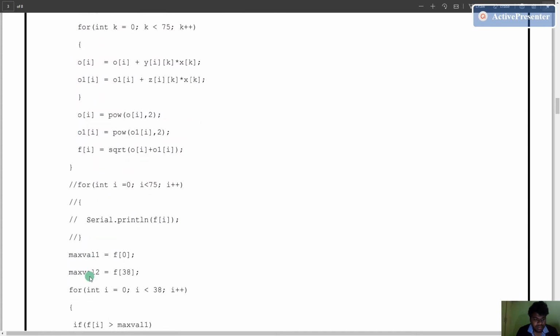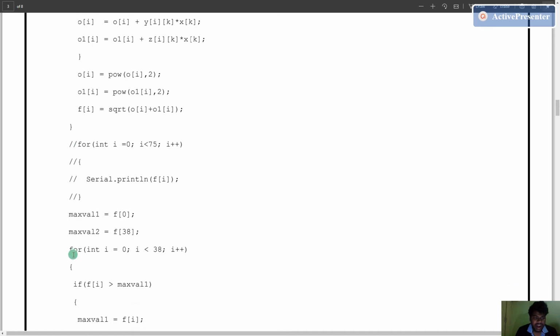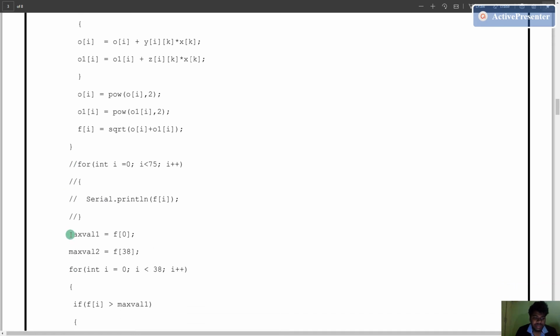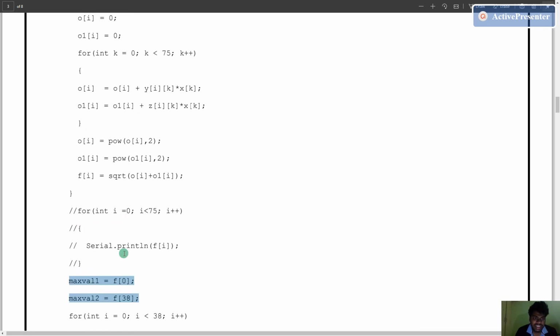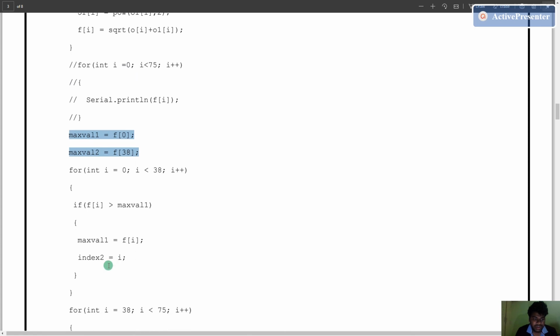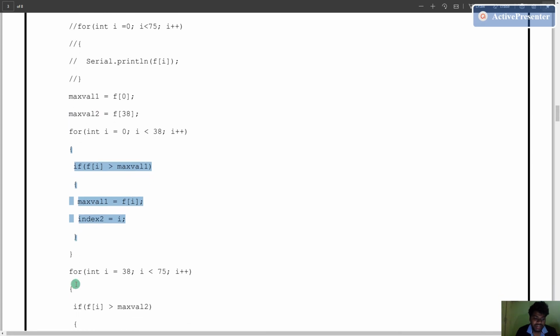Then we can also plot the discrete Fourier transform graph, and after that we need to find the first peak value in the discrete Fourier transformed function. So we initialize two variables, max value 1 and max value 0, and the total length of the signal is 75. Between 0 to half of the length, that is 0 to 38, we get one max value, and from 38 to 75 we get another max value.